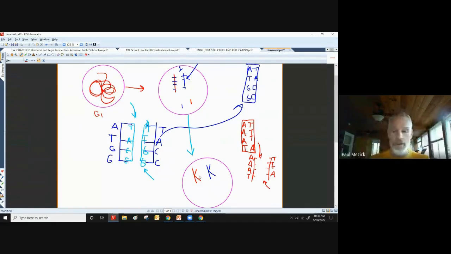Now, here's the thing. I've got the chromosome that I had originally, and I've got this copy. But how do I get it so that it goes into the next cell? Because this cell is going to split in 2. If the cell were to split right now, that would not work. And here's why. Remember, the original cell has 1 red and 1 blue.